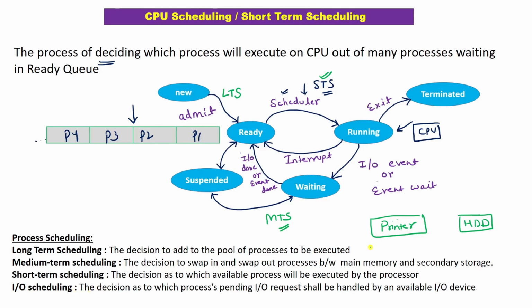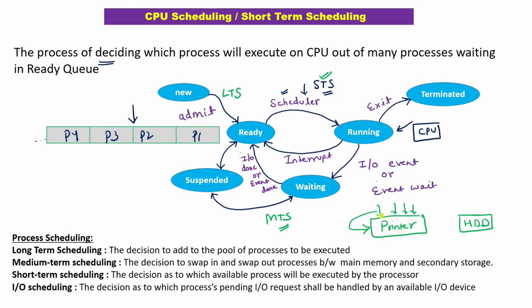Next is IO scheduling. It means we have many resources, or many IO devices, like a printer or hard disk. When a process from the running state comes to access these devices, let's say the printer, and we have, say, 4 processes who want the printer, which process should be selected out of these 4 to execute on the printer?